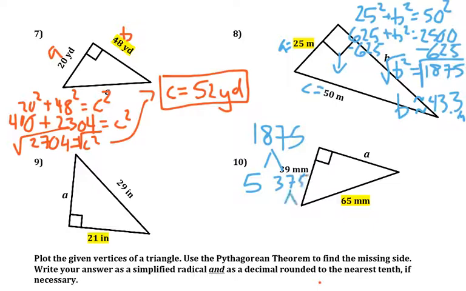Now that can factor down too, so we get 5 times. So again, 375 divided by 5, and we get 75. Now 75 is divisible by 5 as well, and it's 5 times 15. And 15 is 3 times 5.